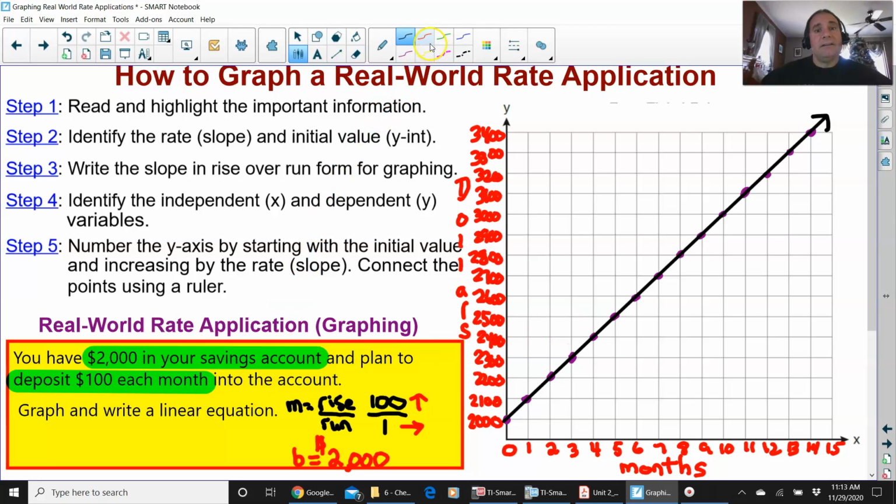And guess what I forgot? I forgot to create that equation. y equals mx plus b should be y equals, I have a slope, a rate of 100 and a y-intercept of 2,000. That's 100x plus 2,000. And I'm going to put that directly on the line.